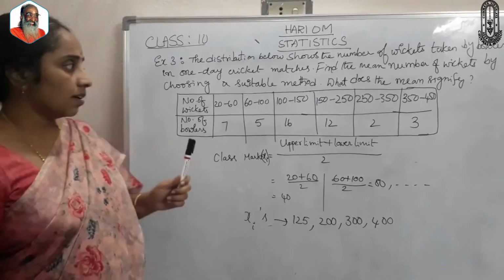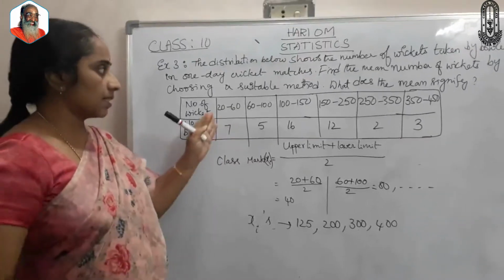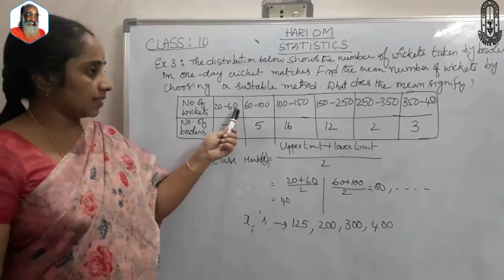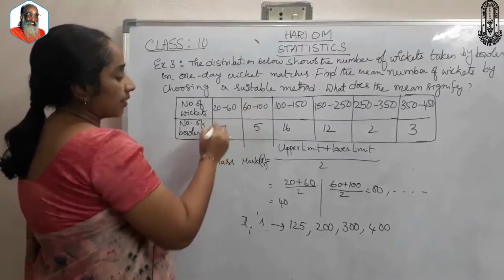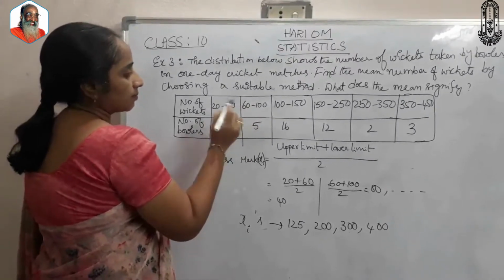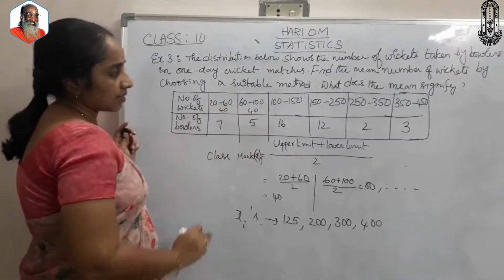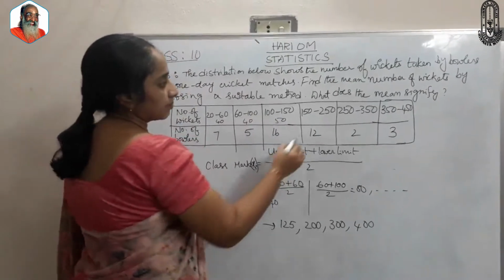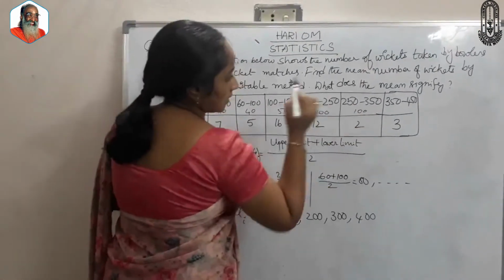Why? Because see this class interval: the length of the class size from 20 to 60 is 40. From 60 to 100, the length of the class size is 40, but here it is 50, and here 100.